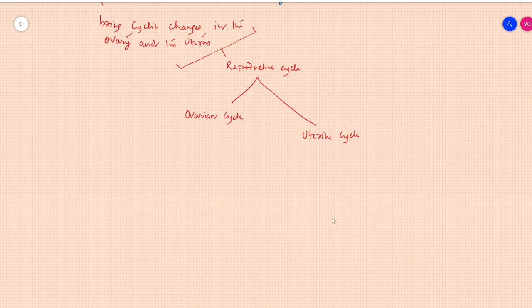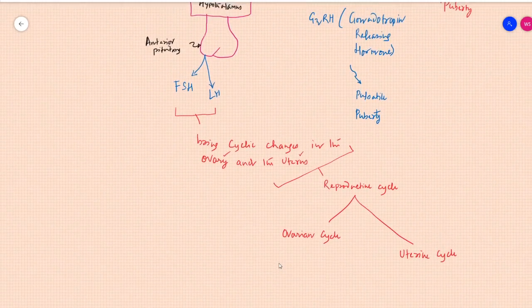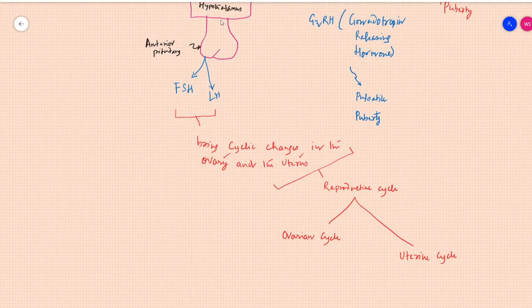So the idea is the hypothalamus releases GnRH that acts on the anterior pituitary, which releases the gonadotropins. These gonadotropins initially bring changes in the ovary, and then the ovary releases certain hormones, and those hormones along with the gonadotropins bring about changes in the uterus.